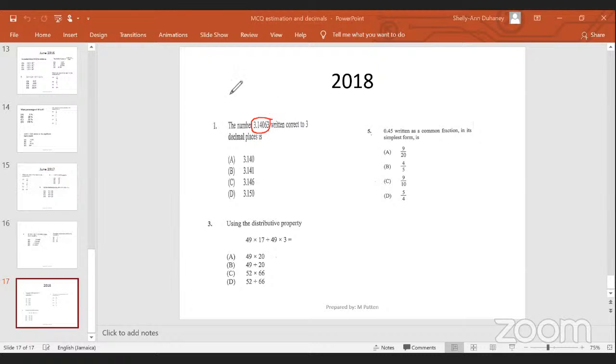All right, suppose I wanted you to write this in standard form. What would it be? 3.1 times 10 to the 5, I guess. 1, 2, 3, 4, 5.